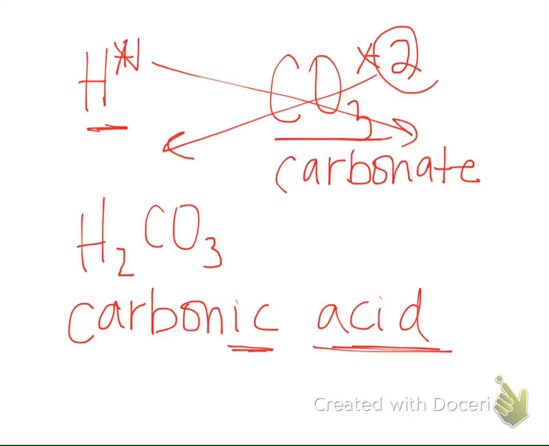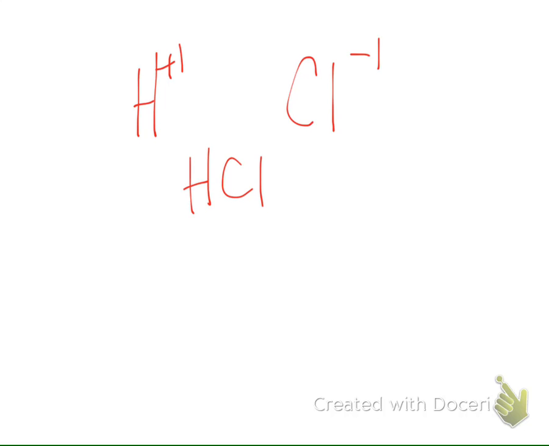Let's try a different type of anion now. Chloride, okay? Chloride is Cl, and what charge does it have? -1. Okay, if I want to bond this with hydrogen, which is +1, what will my finished product look like? HCl.